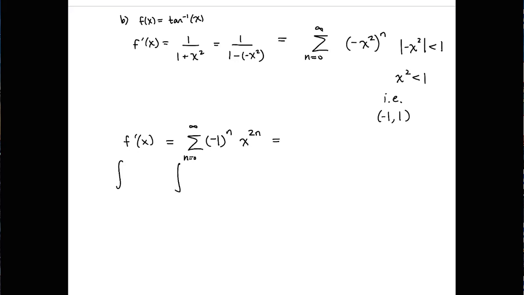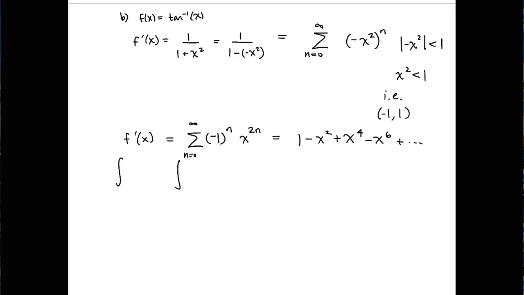So we start off with a positive 1 minus x squared plus x to the 4th minus x to the 6th, and so on. So it looks like every other term is negative basically.